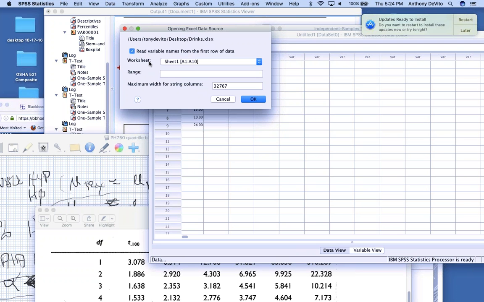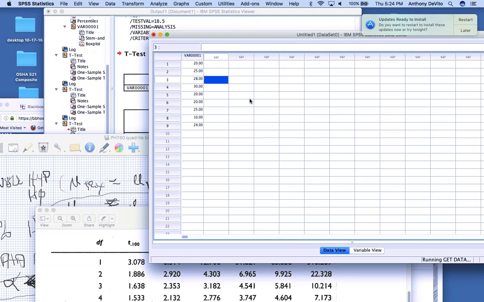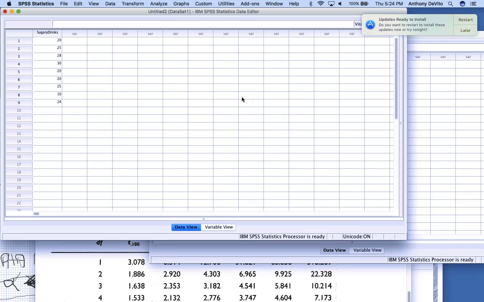In this case I need to check it, otherwise it would think that word is part of the data. So you have to tell it that it is the variable name at the top of that column. Yes, and if you look at the description, it says on worksheet 1, there's data between cell A1 and A10. Makes sense, right? A1 is the name, and then the other 9 numbers are the actual data. I'm going to click OK, and there it is, the data copied from Excel.